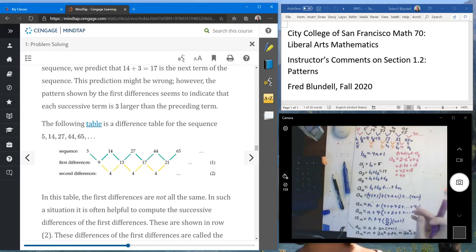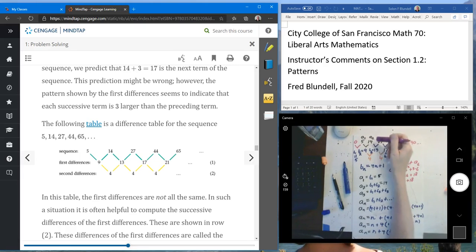And then the third thing we learned was how to solve a second order difference table. You just keep doing the differences or the differences of the differences until you get down to a constant, if that ever happens. So this method only works if you find you get down to a constant at some point. But you do those differences, and then you use what we learned about the first order tables to get a formula for the middle row.